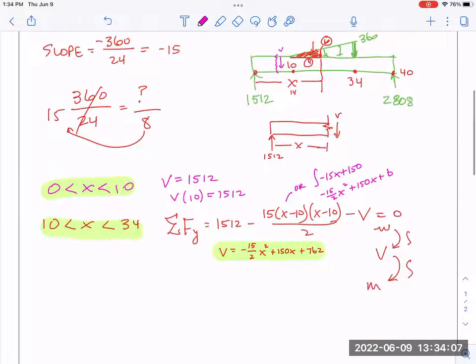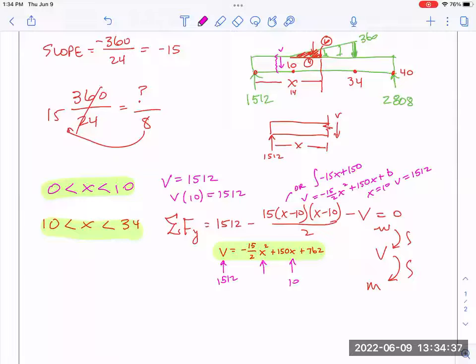So that's the key to how I find this unknown. In other words, you say, okay, great, this is your shear right here for that section. Well, you know that when x equals 10, the shear has to be 1512 because that's what it was right where the triangle started, right? So throw 10 into that expression for x and throw 1512 into this expression and see if you don't get 762.